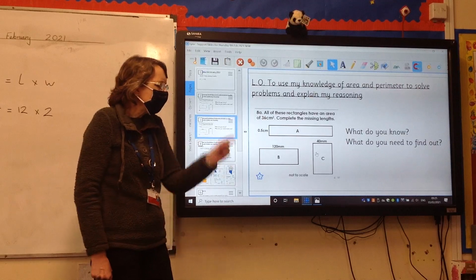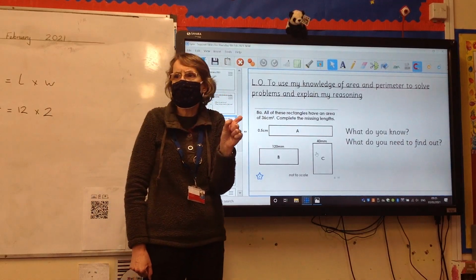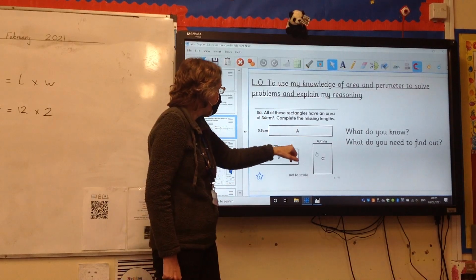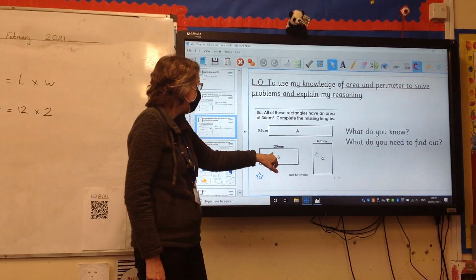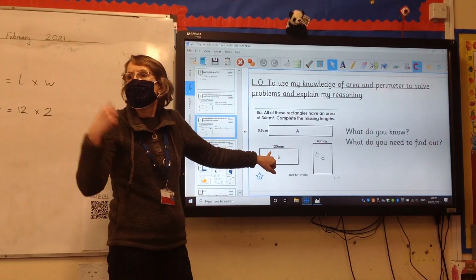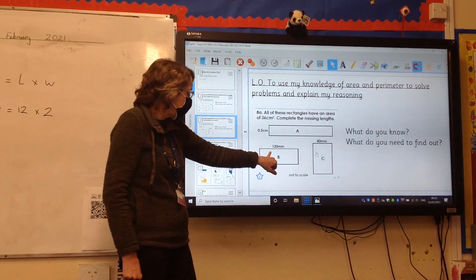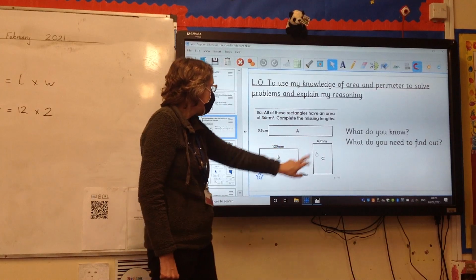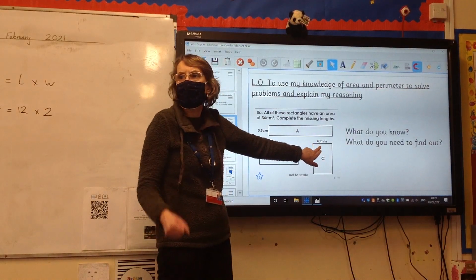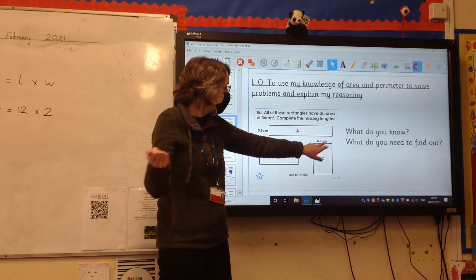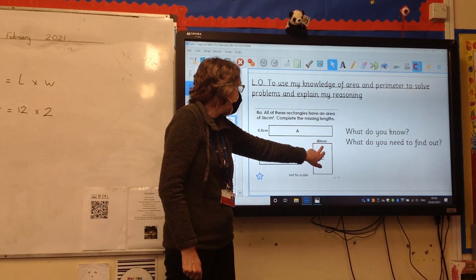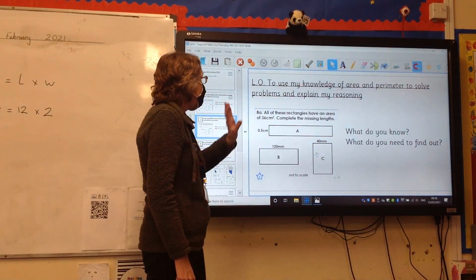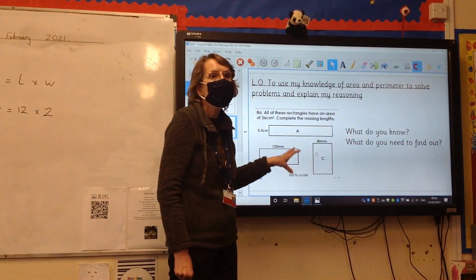If you remember, there are 10 millimetres in a centimetre. So how would you convert that to centimetres? You would divide by 10. You would divide it by 10 and it will be 12 centimetres. How would you convert that one? Divide it by 10 and it will be 4 centimetres. Good. Okay. So you've got all the information you need. Have a go at that one. Off you go.